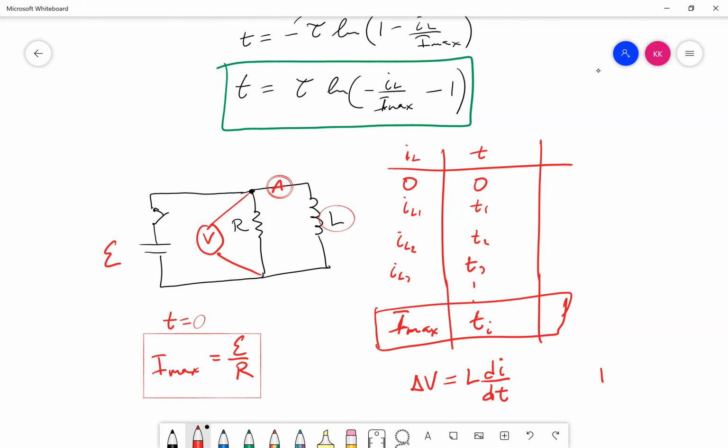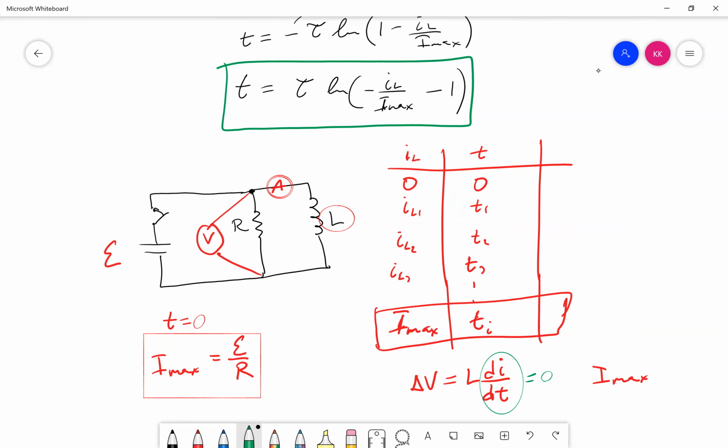As soon as you reach I max, this di dt goes to 0. That means there is no change in current, which means delta V equals 0. That means the potential difference across the inductor equals 0, so the inductor no longer acts like a device that resists anything in the circuit. It just becomes like a wire and nothing else.